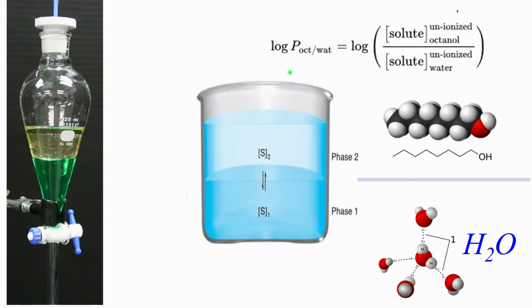Another important parameter is partition coefficient between organic and aqueous phase. Our drug should go from aqueous phase, say in your stomach, into stomach walls that are organic compounds.